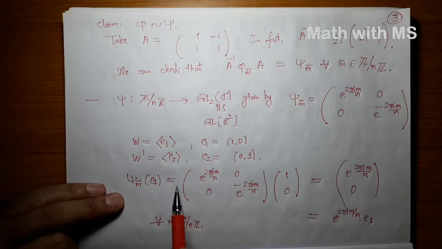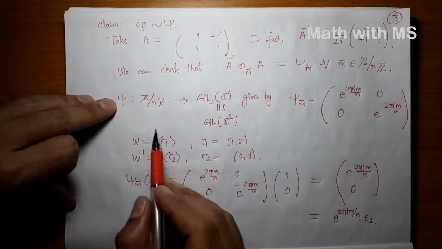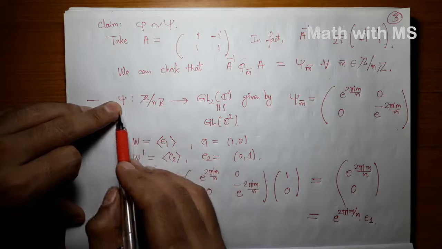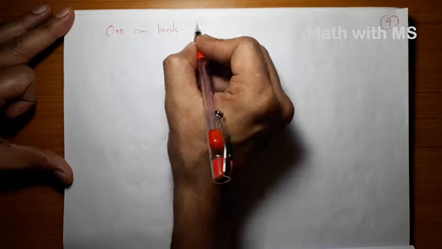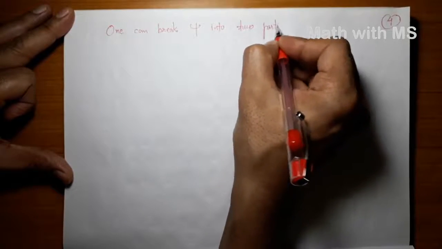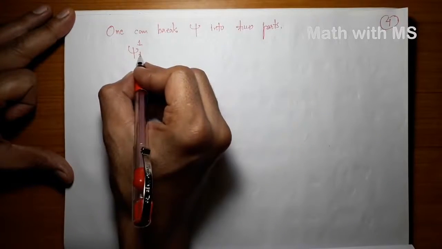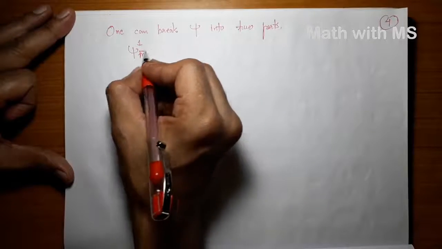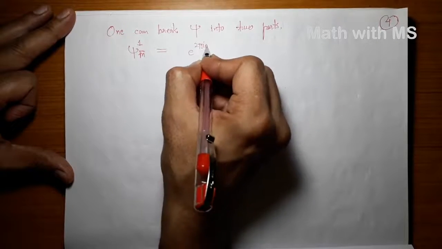At the same time, one can break up this map psi into two components. Let us call the first one psi 1, and psi 1 of m bar is just e to the power 2 pi i m by n.